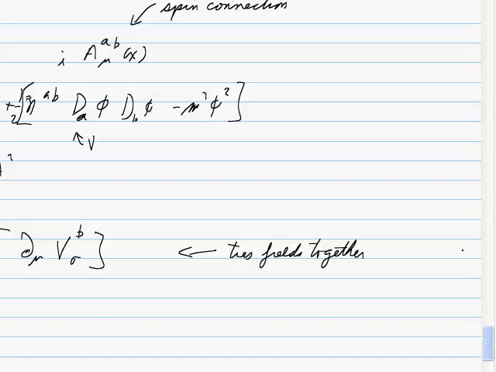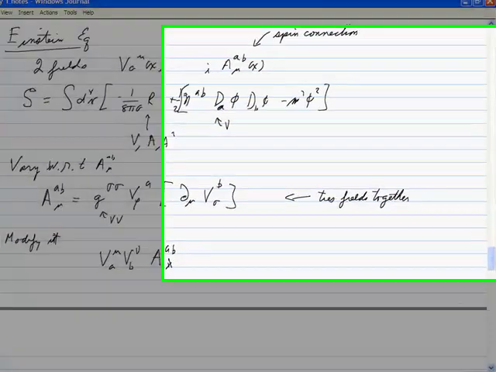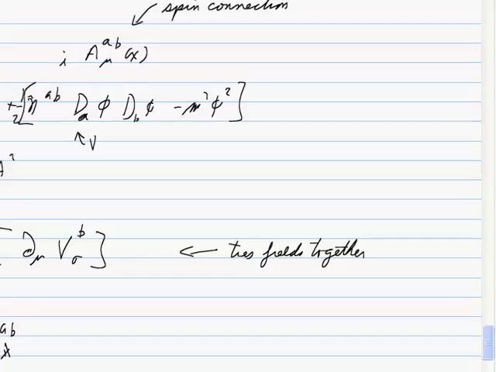Okay. If you modify it slightly, so if I take A^{AB}_μ, let's put a lambda there, and I multiply it by V_A^μ, V_B^ν. Okay, that guy now only has the space-time indices in it. The A's and B's have disappeared.